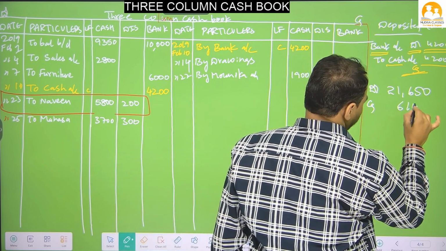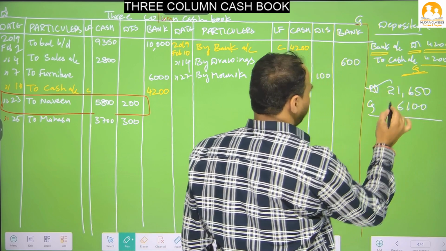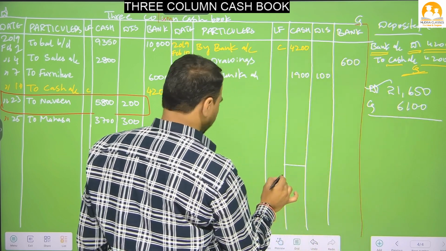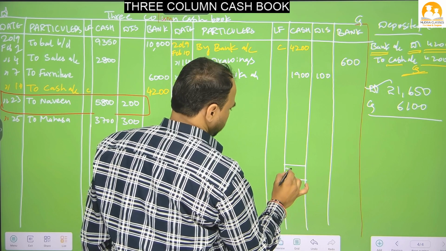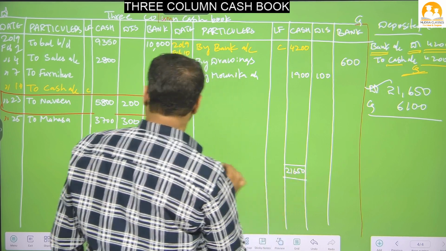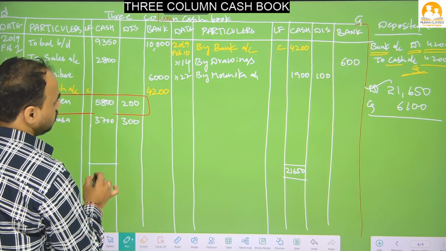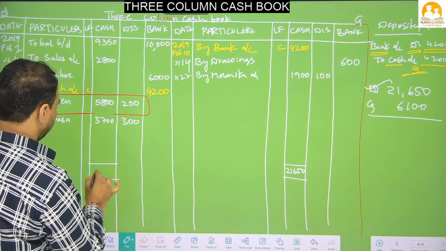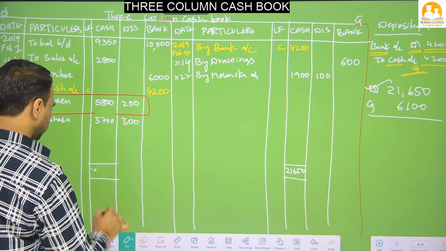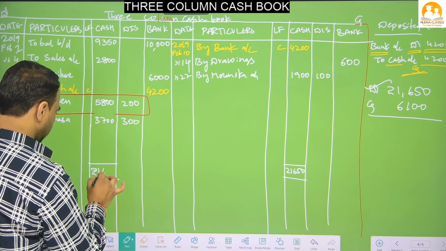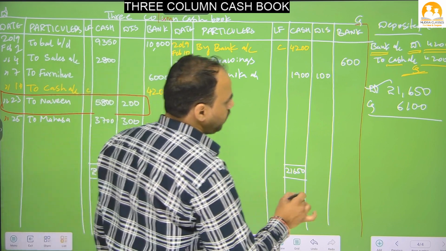So 6,100. In these two, which is the bigger amount? Debit. So on both sides in the amount column write that big amount, 21,650. Now subtract the small amount from the big amount.